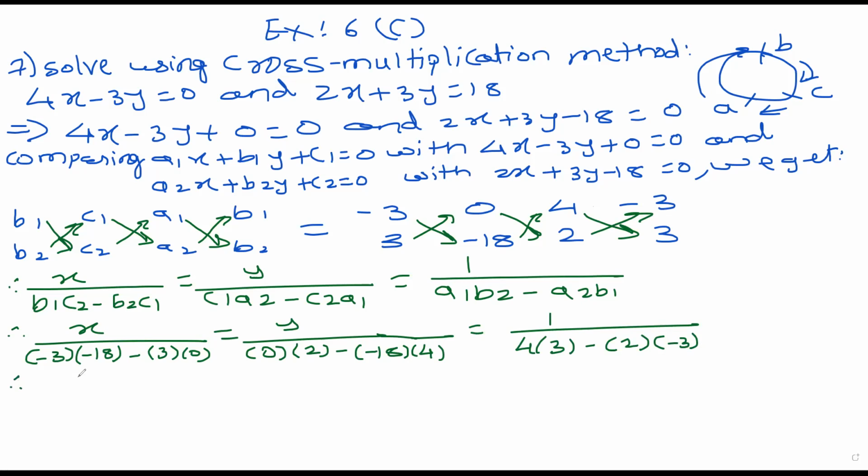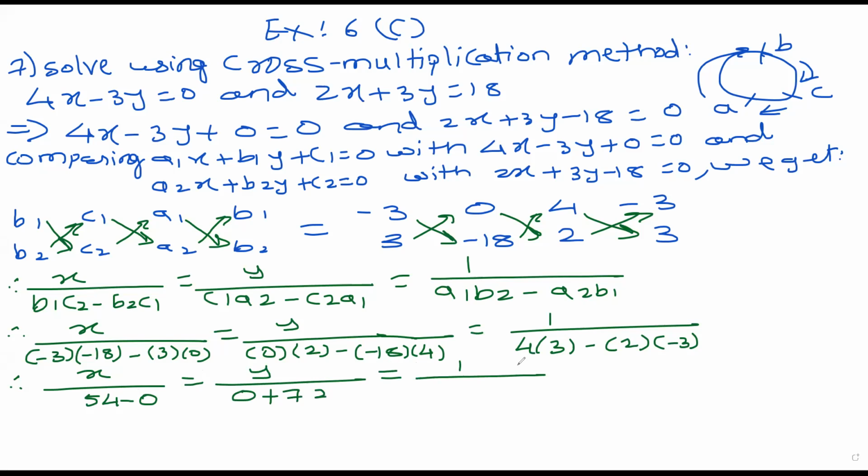Now when you simplify, you get x upon 18 threes. Both are minus, so it will become plus. 18 threes are 54, and 3 into 0 is 0, minus 0 is nothing, so you can simply write 54. So y upon 0 into 2 is 0, minus 18 fours are 72, but it will be positive, so 0 plus 72.